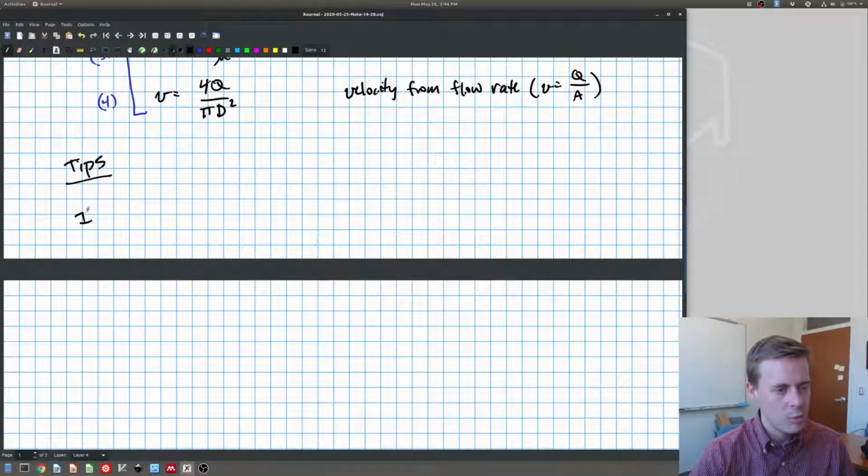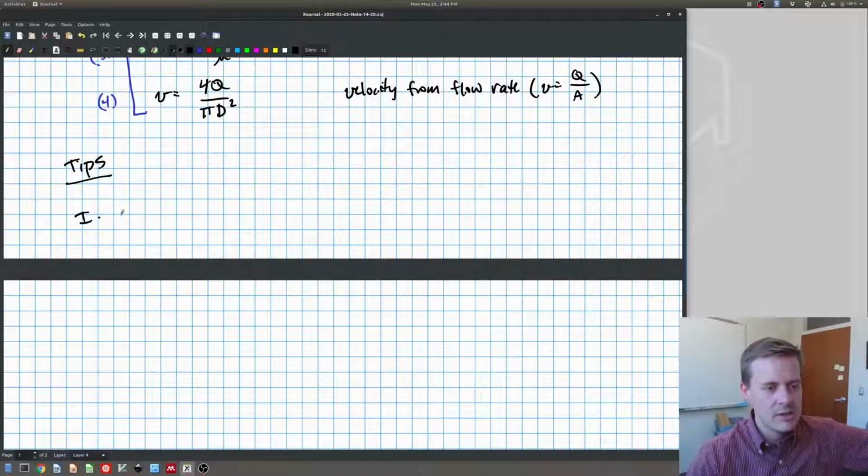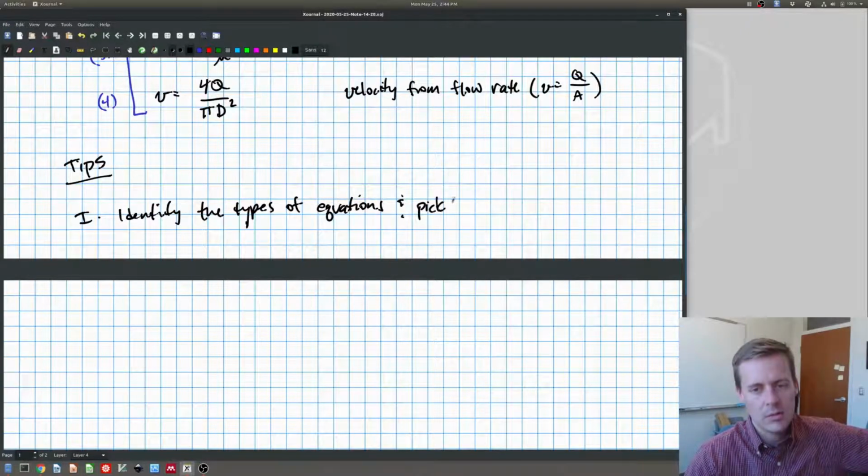Okay, tip 1 is identify the types of equations, and pick a solution method.